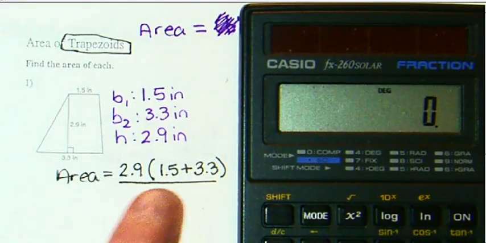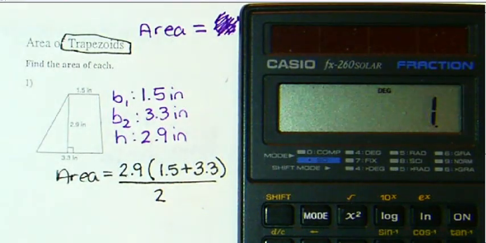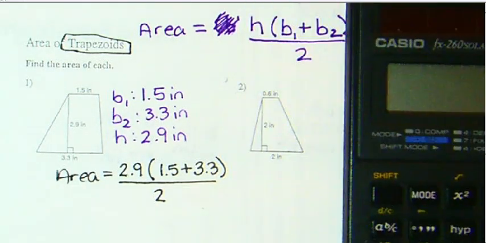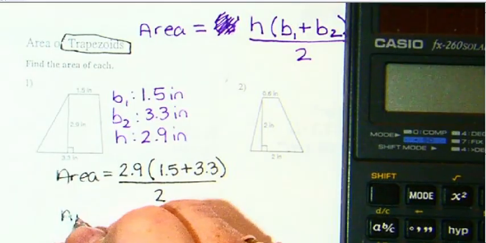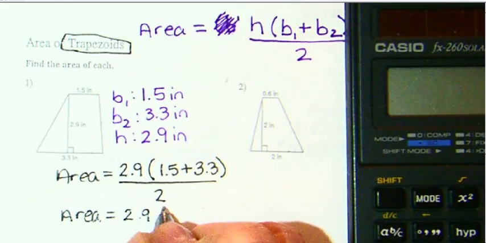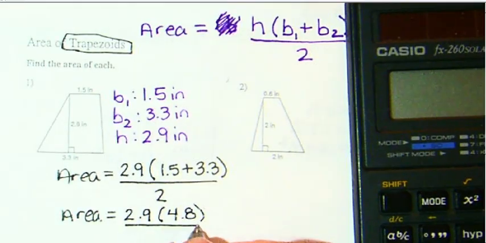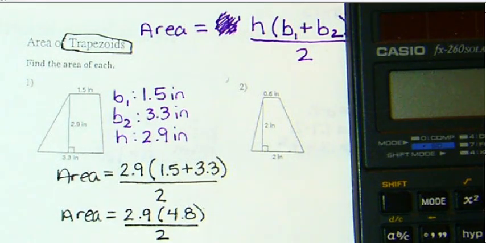So we're going to do the addition that's in the parentheses first. 1.5 plus 3.3. Press equals on your calculator. That gives us 4.8. Now because we're showing our processes, we're going to rewrite this out again. Area equals 2.9 times 4.8 all over 2.